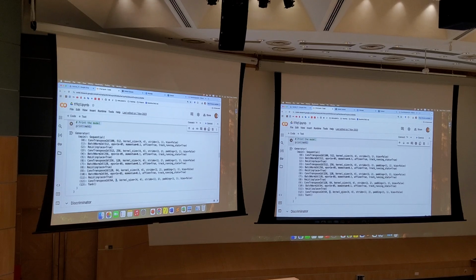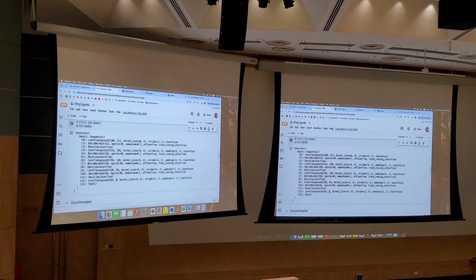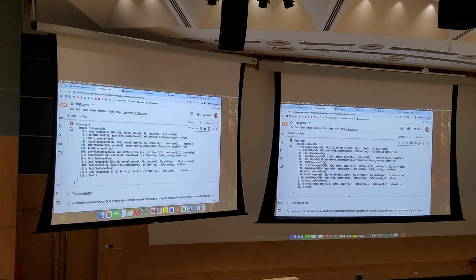And here it uses a very special kernel size in DCGAN. Instead of 3x3, it uses a 4x4 kernel. It's a very special design. Yeah, that's the generator design.